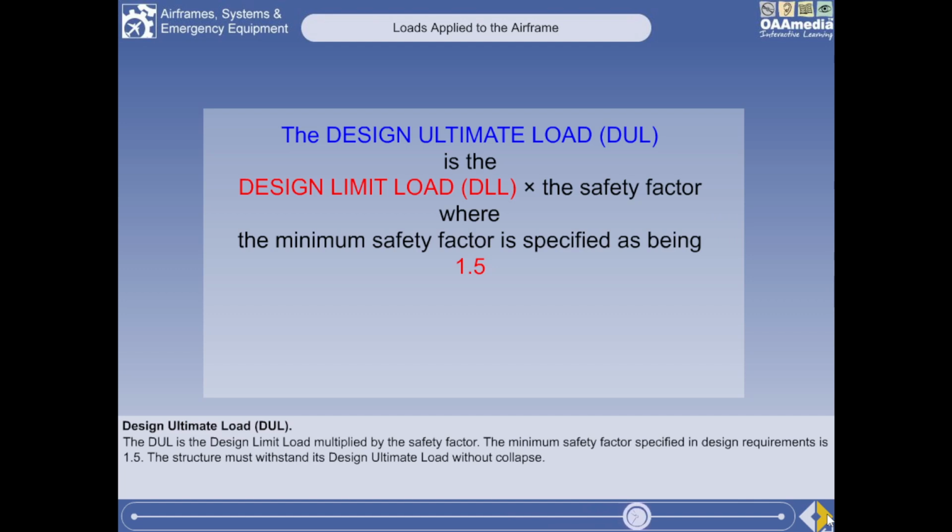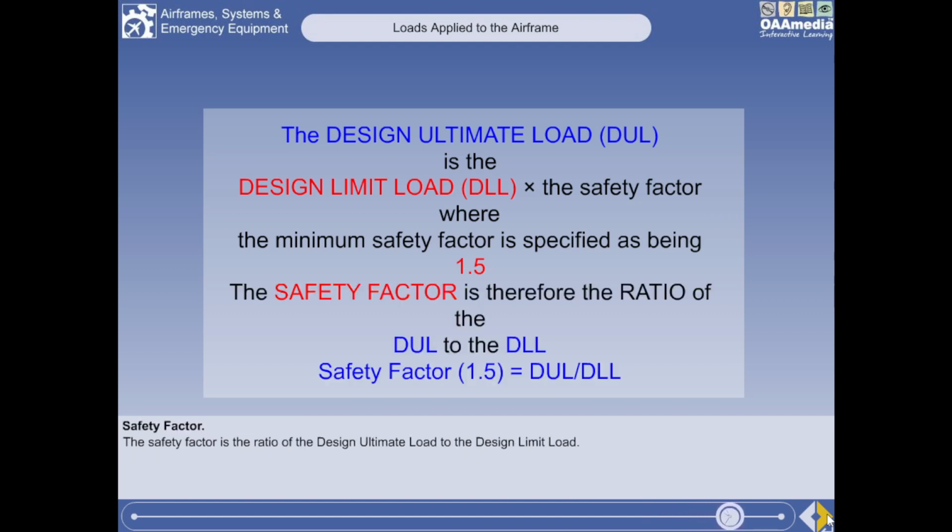The minimum safety factor specified in design requirements is 1.5. The structure must withstand its design ultimate load without collapse. The safety factor is the ratio of the design ultimate load to the design limit load.